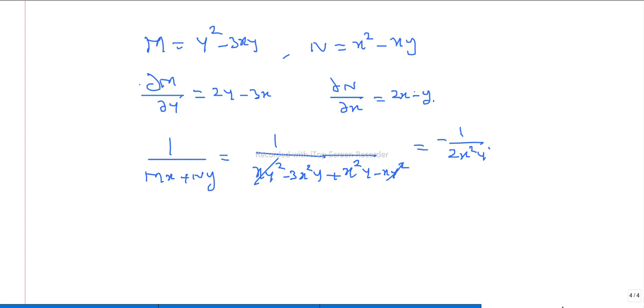If you take minus, you'll get the same thing, but xy square minus 3x square y minus x square y plus xy square. So you will not get anything, it does not cancel anything, right?